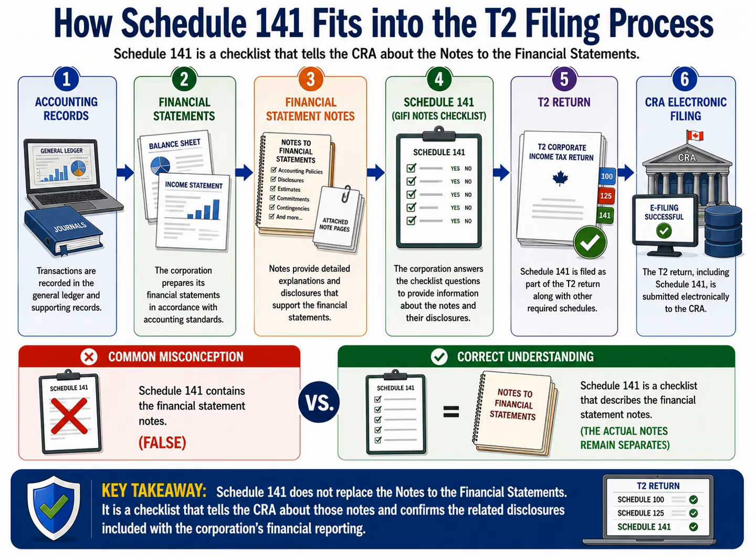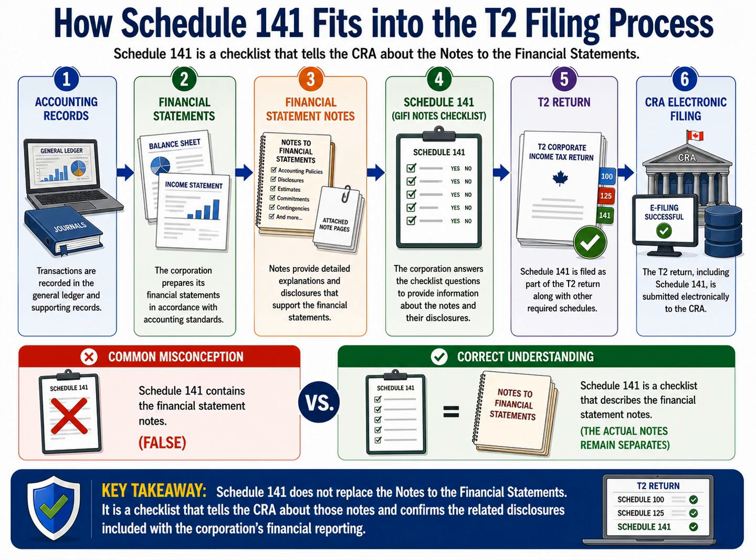Once the financial statements and notes have been completed, the corporation prepares Schedule 141. This schedule contains a series of checklist questions that describe the financial statement notes and related disclosures. By completing the checklist, the corporation provides the CRA with standardized information about the notes without including the detailed narrative within the schedule itself.